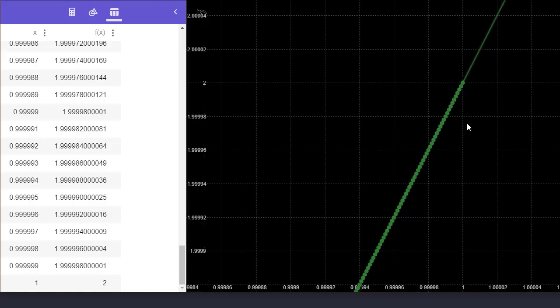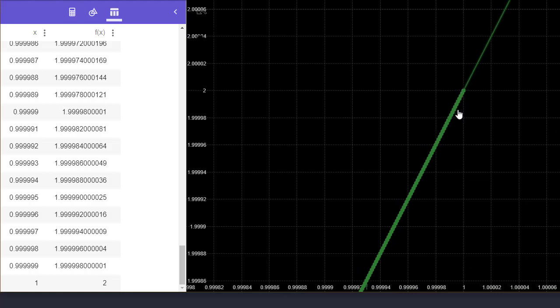Now we're starting to see these values from the table. As the x values on this side get closer and closer to 1, the y values are getting closer and closer to 2. Now look at how close to 2 we are here. Most sane people would just round all these values to 2 anyway.